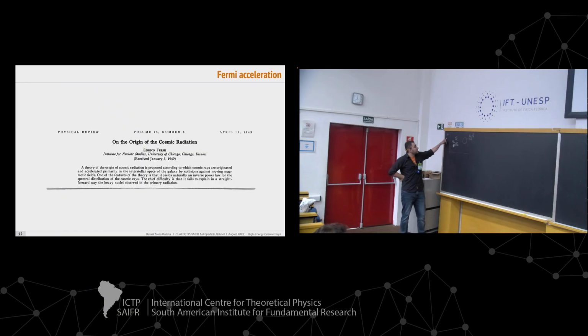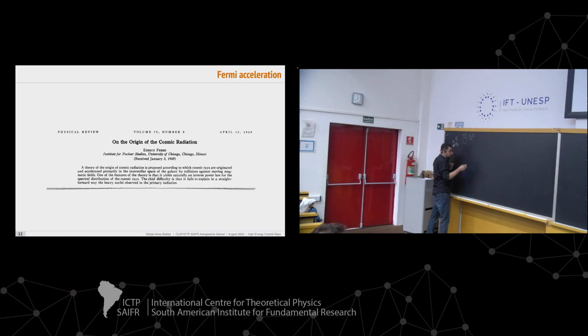I wrote here the lab frame, but there is also this other frame, which is the frame of the target. In the original derivation, they call this a cloud, but I don't want to call it a cloud. Let me call it the target frame.